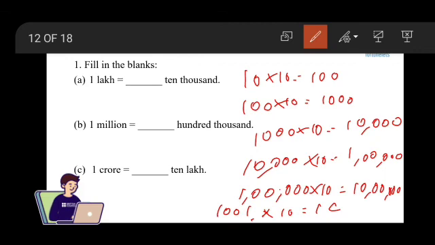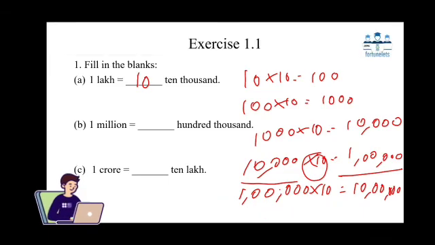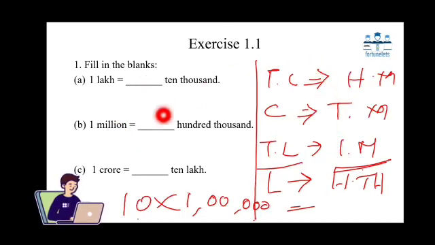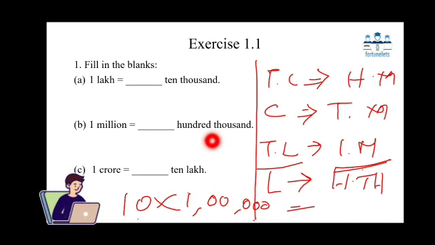So how many 10,000s are there? Let's see. 10,000 into 10 will give 1 lakh. So here you have to enter 10. Now let's see the second problem. The second problem is about the international standard of representing numbers.